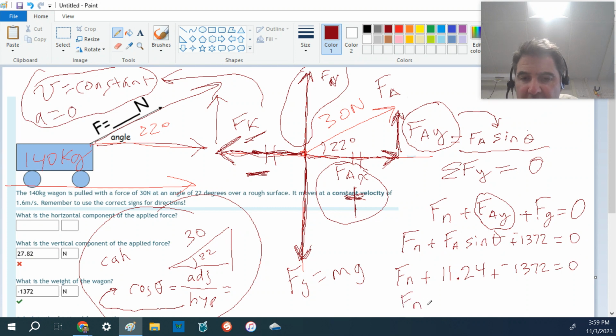And if I put this on the other side, I get Fn should equal, oh, what am I doing? 1372 minus 11.24 equals 1360.76.